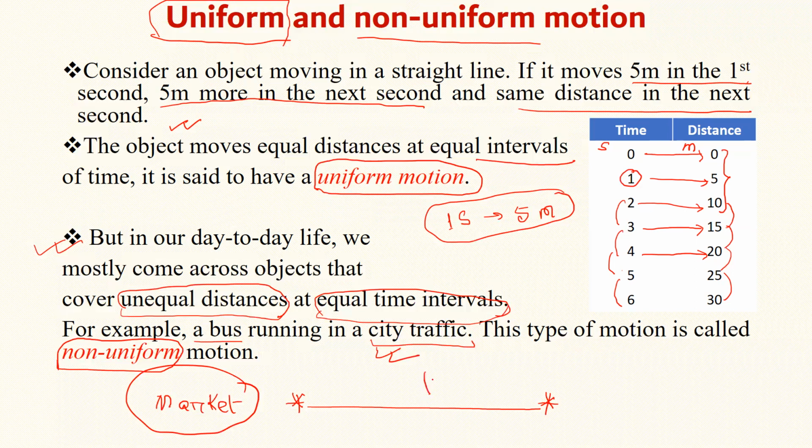The answer is no, because the market is crowded, there are so many people, so you will have to stop somewhere, you can walk fast somewhere, and slow down somewhere else. So you will not be able to cover equal distance at equal intervals of time. In such a case, your motion will again be non-uniform. So most of the motion that we see around us is non-uniform in nature, but uniform motion is also possible if the object can cover equal distances at equal intervals of time.